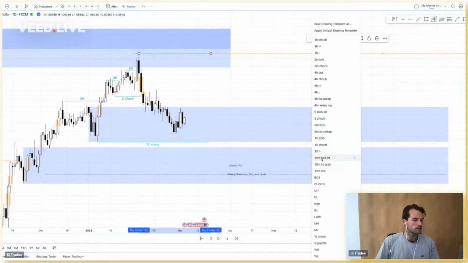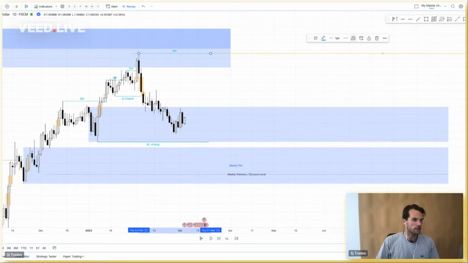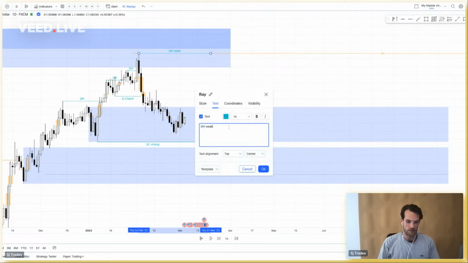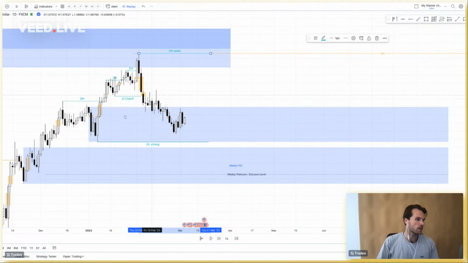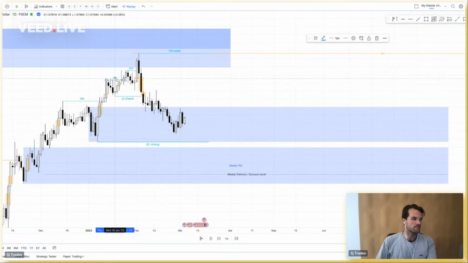And daily high, weak at this point. Because this is the daily leg. This is like structure, but as I try to explain in another video.